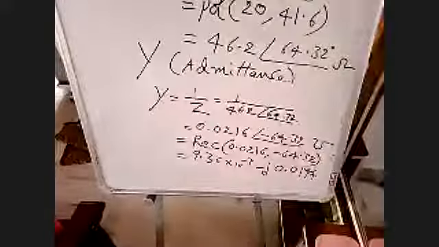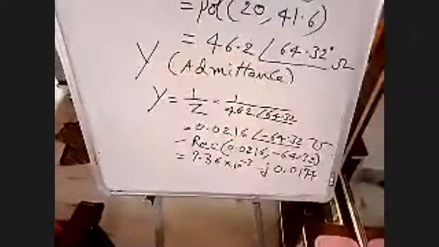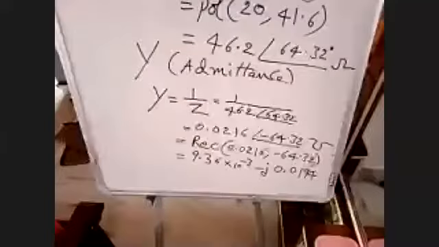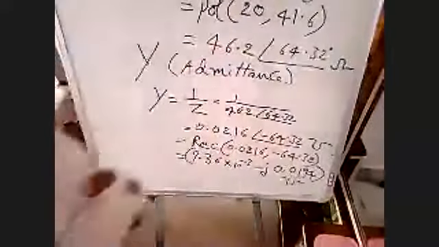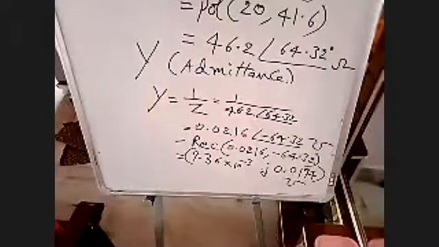X value is 9.36 into 10 power minus 3. Are you getting it? Yes, sir. This is the Cartesian form or rectangular form. Now I have converted the polar form to rectangular form.